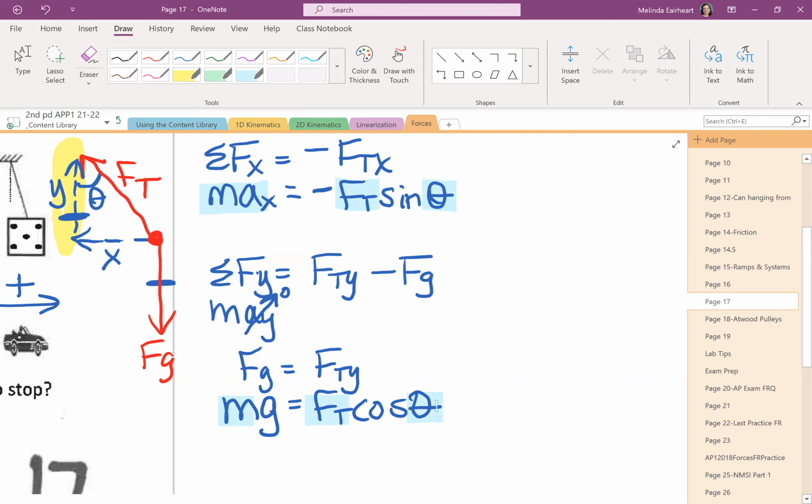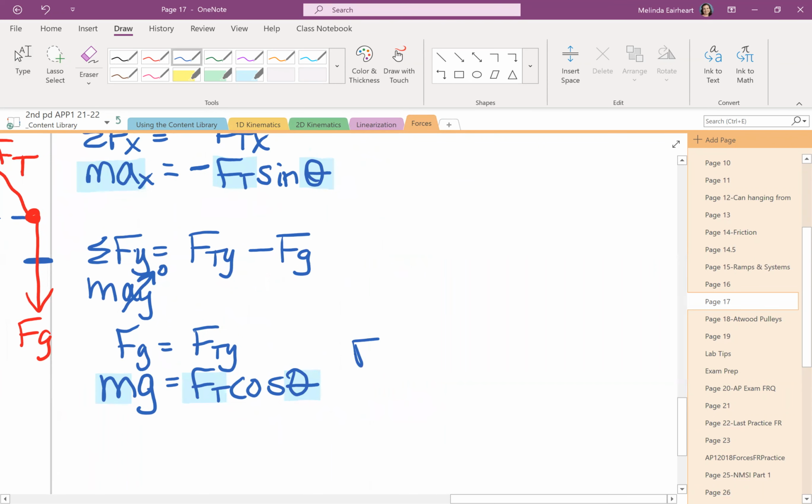What if we solve the y equation for tension and then substitute it up above? Substitute it out, right? And so FT would be mg over cosine theta. Plug that in right there. Is everybody with me on the why we're doing this?